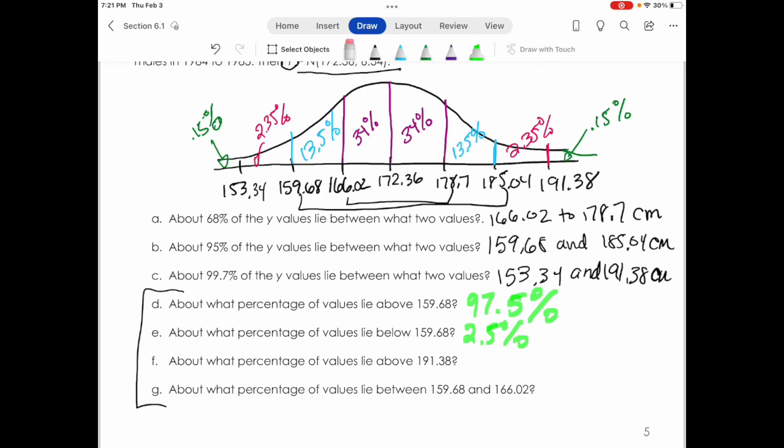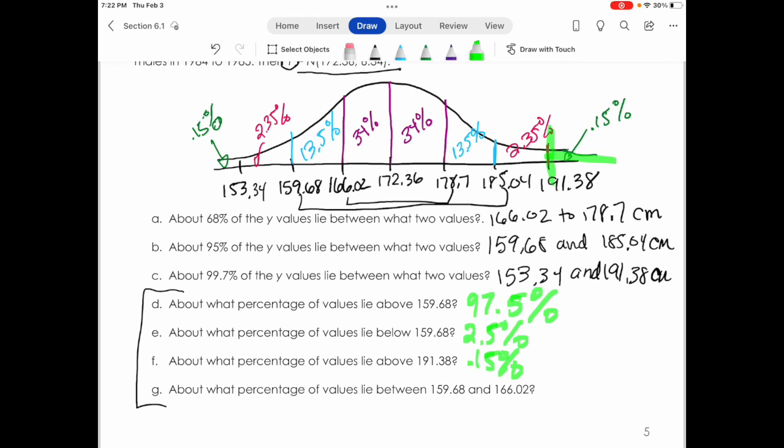The next question says, what percentage of values lie above 191.38? So here's 191.38 that I just highlighted in green. That's just this little piece right here. So that's just 0.15% of the data.